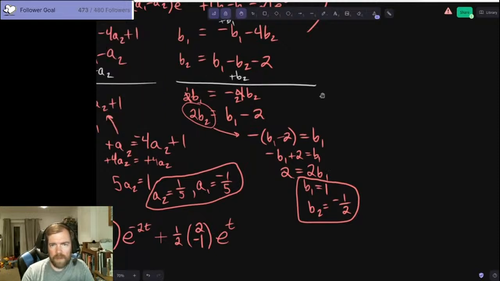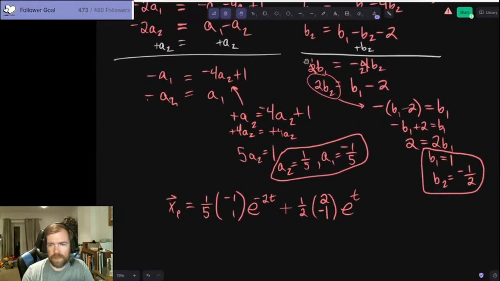Alrighty. And realistically, we actually could have grabbed that from the relationship, our eigenvector, if you will, which is not an eigenvector, but the vector. It would have been from this line up here where we got 1b1 is equal to negative 2b2.